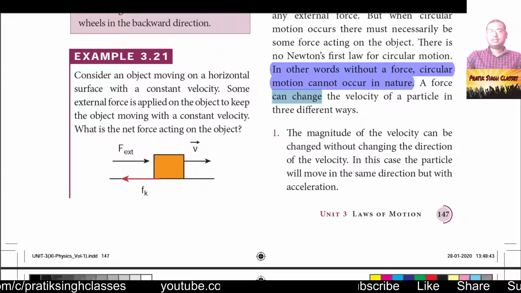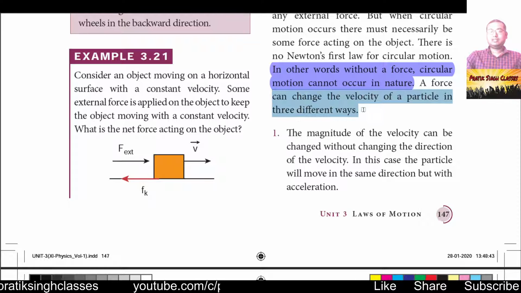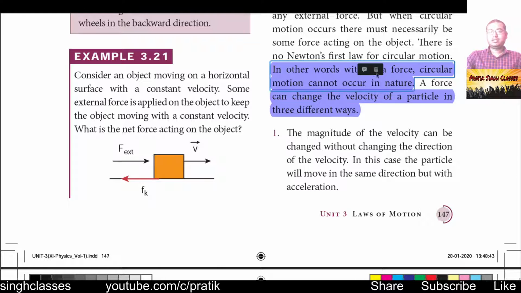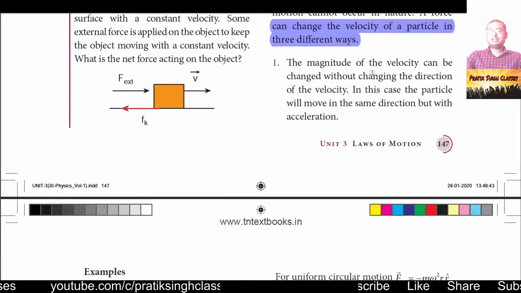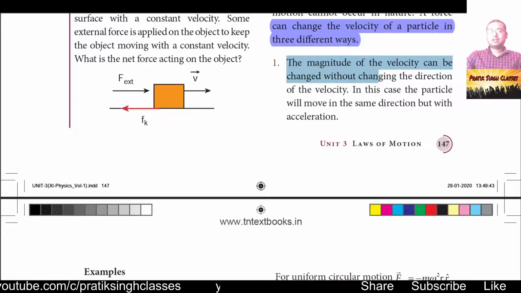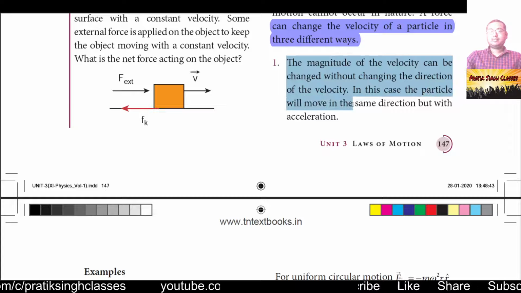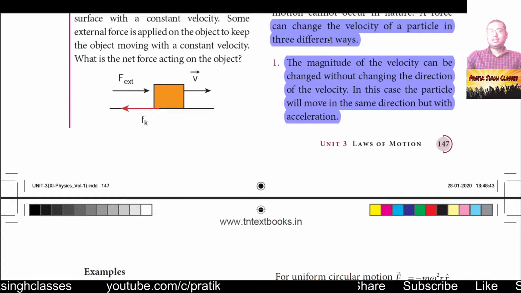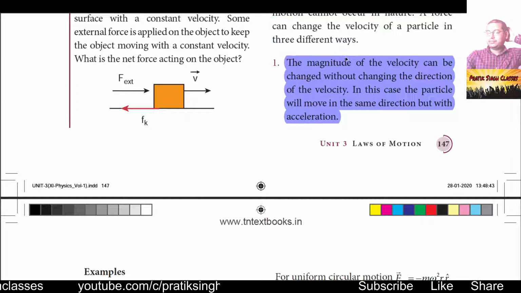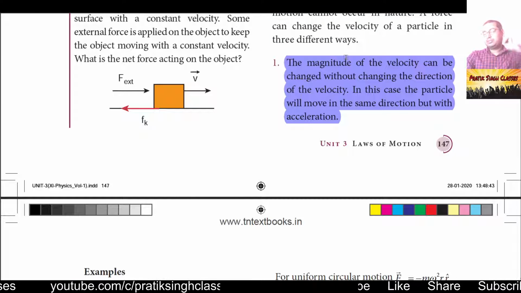A force can change the velocity of a particle in three different ways: either the velocity will increase, or decrease, or its direction will change. The magnitude of the velocity can be changed without changing the direction. In this case, the particle will move in the same direction but with acceleration, meaning as the velocity changes, it will have some acceleration.